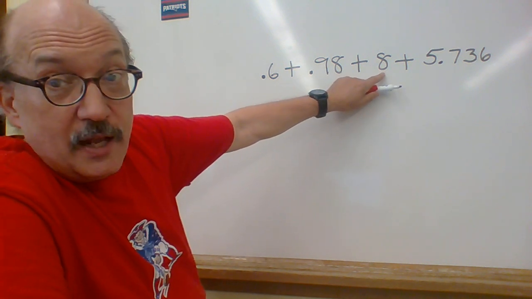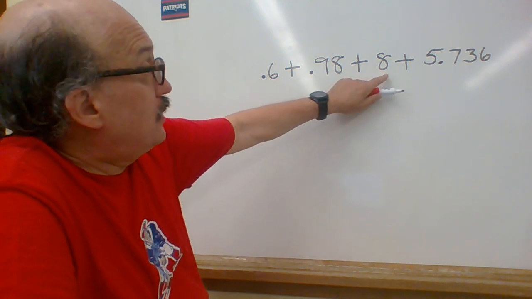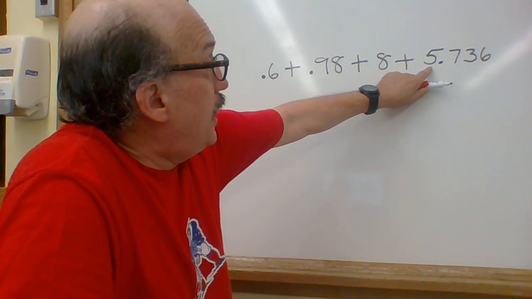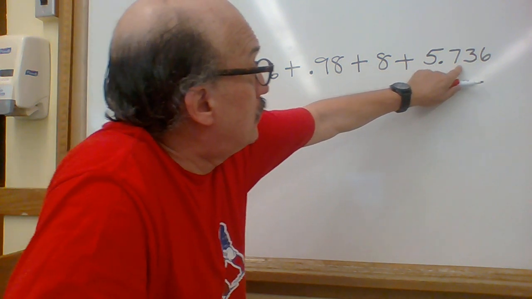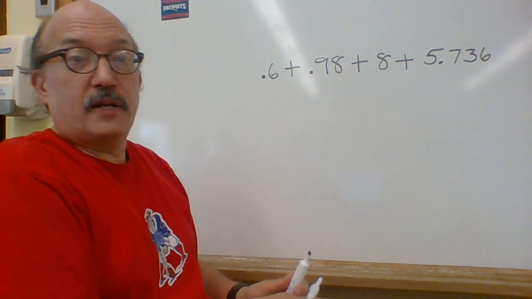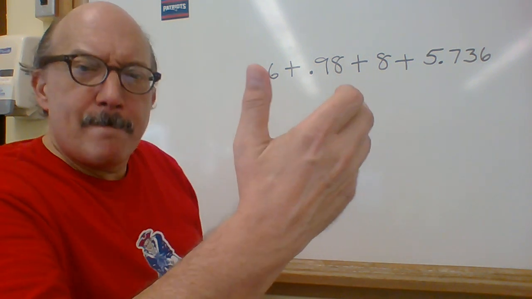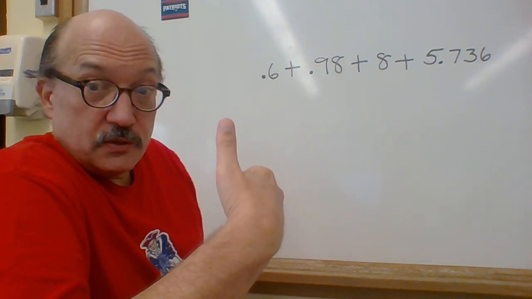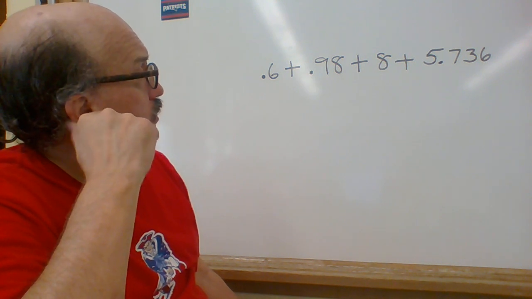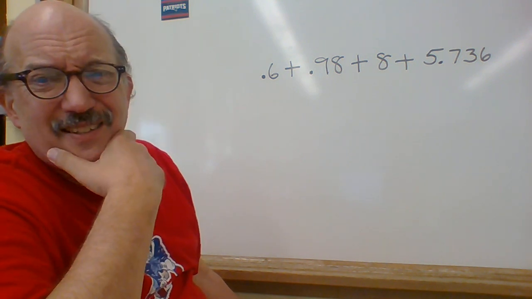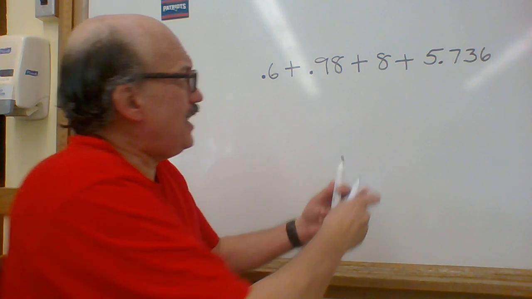This is the whole number 8. It has no digits to the right of the decimal point. This one has 3 digits to the right of the decimal point. You can probably all do this at this point. One of the issues is, where's the decimal point on the 8? Well, it's at the end.